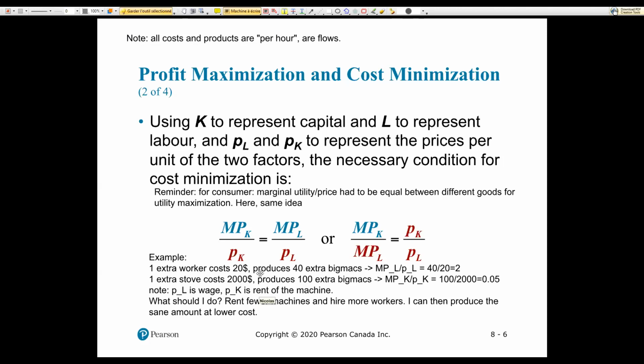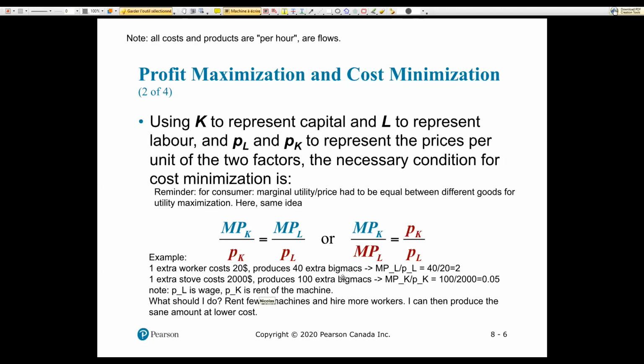So what we see is the wage rate per hour, the number of Big Macs per hour. That's $20. The stove is $2,000 per hour to rent, and would produce 100 extra Big Macs per hour all the time.